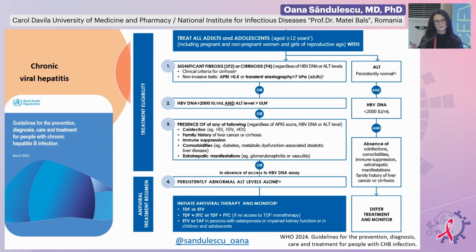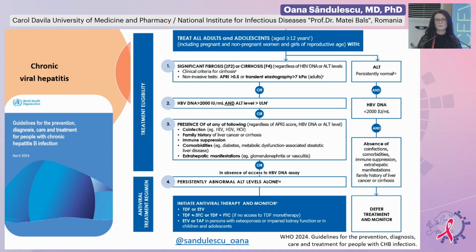For all of the other patients, there's a recommendation to treat adults and adolescents who meet a set of criteria. It's the same set of criteria that we know, but this time we have "or" between the different criteria. So they either have liver fibrosis, or they have a high viral load and high ALT, or, and again, here we have opening up for different possibilities, patients become eligible if they have any of the items in the middle box.